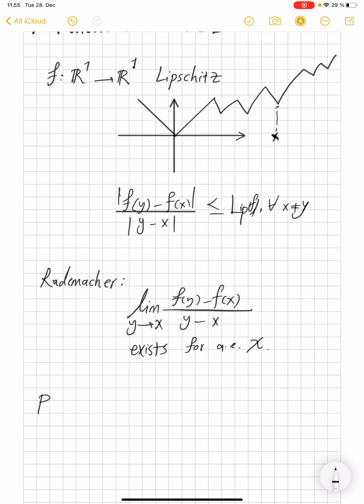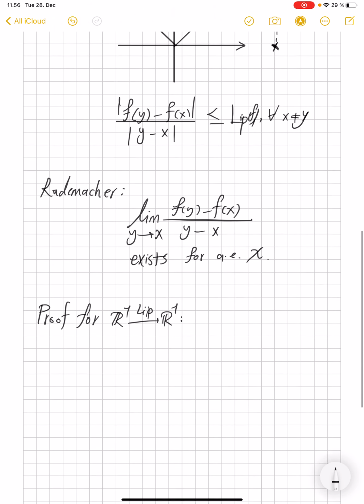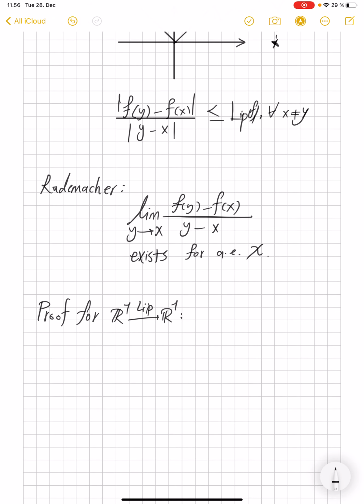The proof in the 1D case, so for R1 into R1 Lipschitz maps, follows the following path. First, you observe that the Lipschitz class, by definition, is contained in the absolutely continuous class.